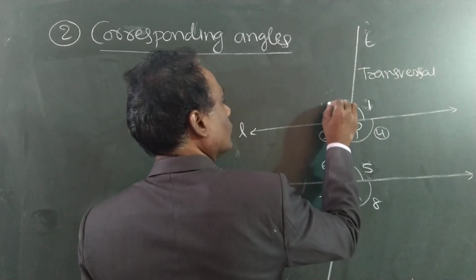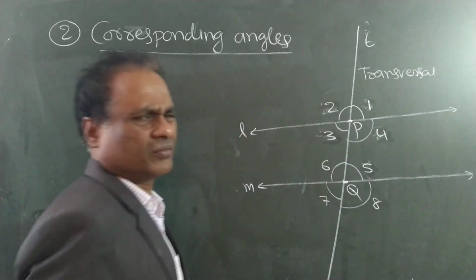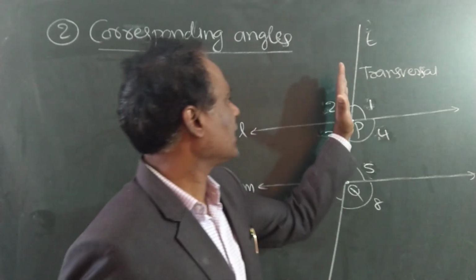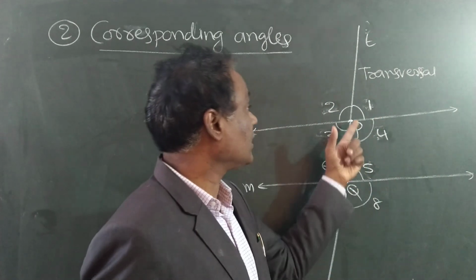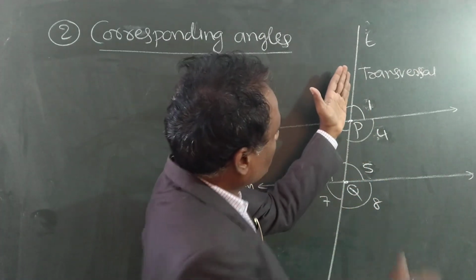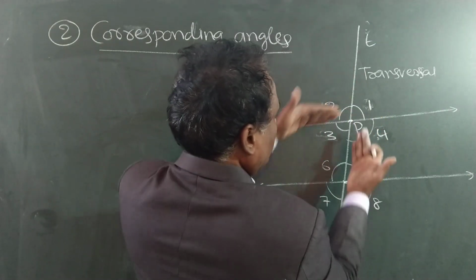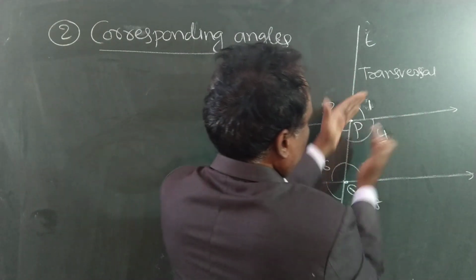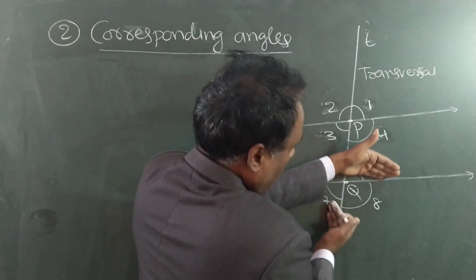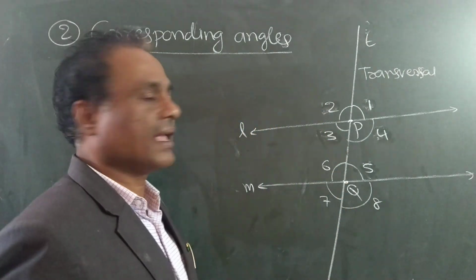See how many angles are formed totally. If a transversal is cutting the two lines at two different points, how many angles are formed? Angle is formed between two lines, two lines, angle, two lines, angle, like this. So these are the angles.